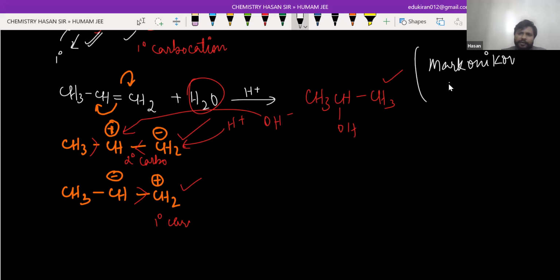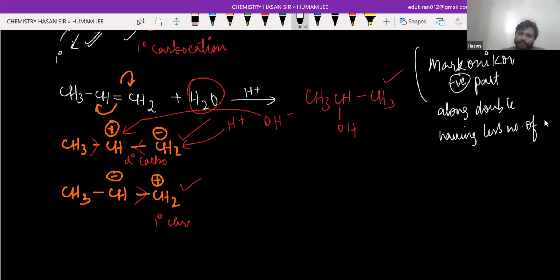That means the negative part goes along the double bond carbon having fewer hydrogens, and the positive part goes along the double bond carbon having a greater number of hydrogens. So this is the scenario, and this is the reaction for that.